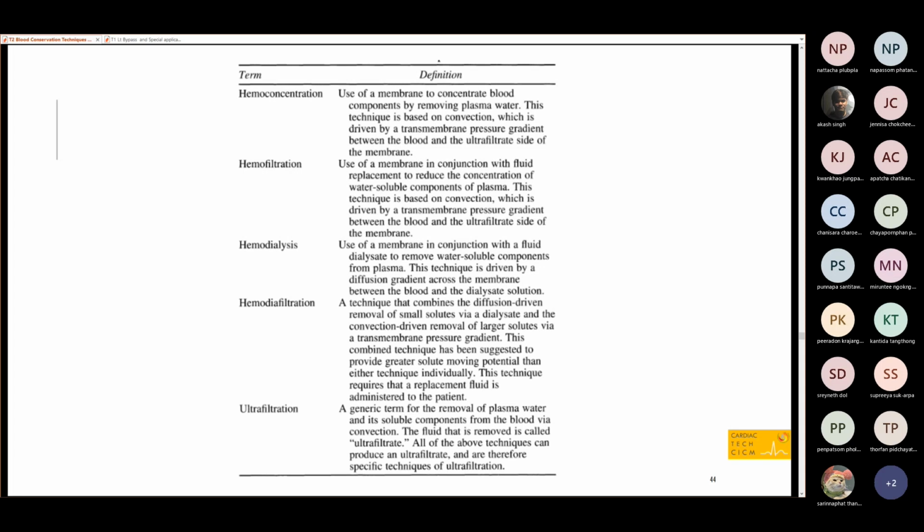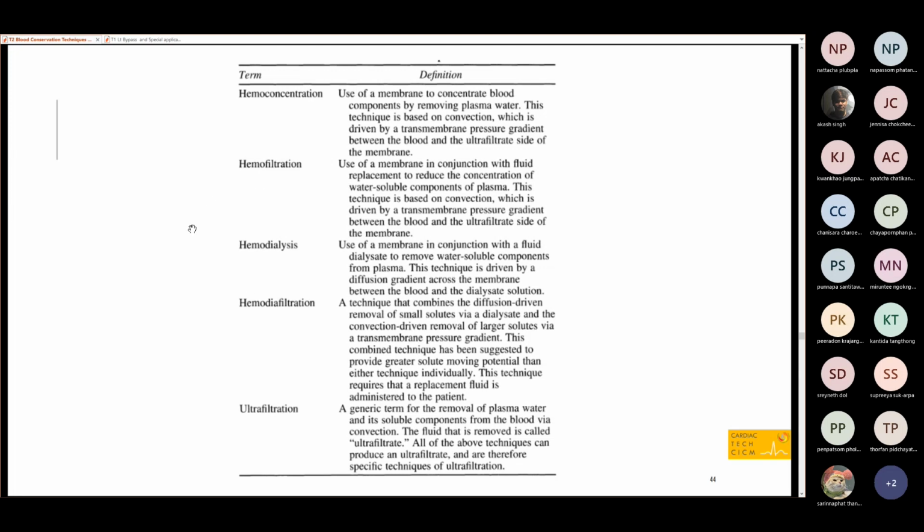So we're gonna start from the terms of this kind of process. Firstly, hemoconcentration. We have the membrane to contain the blood and remove the plasma out. But it's more effective than hemofiltration. So here are different kinds of it.